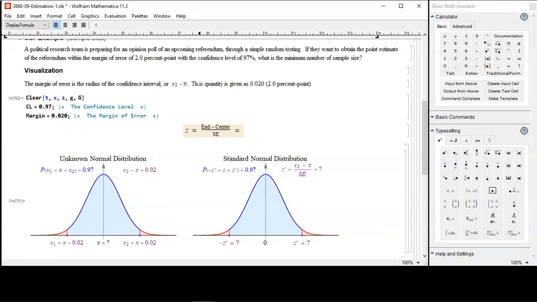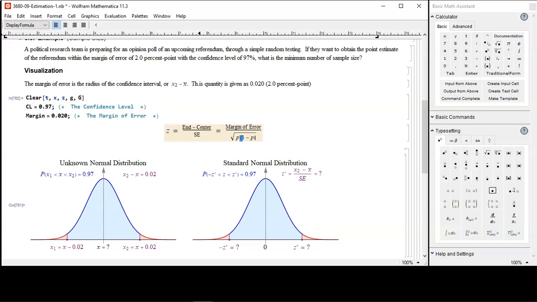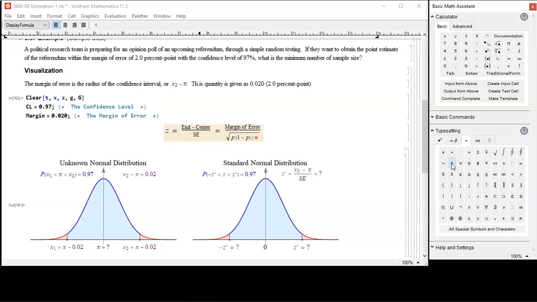And end minus center is this radius, the margin of error, over the square root of P(1 minus P) over N, and the sample size N is the quantity we are looking for. And that's approximately equal to the z-score that we want.